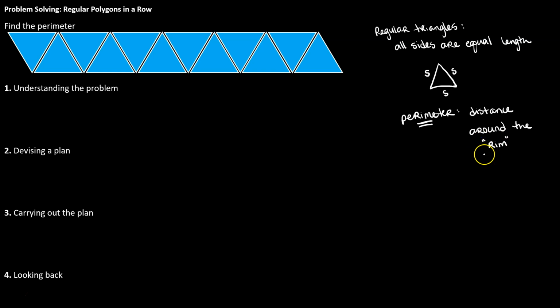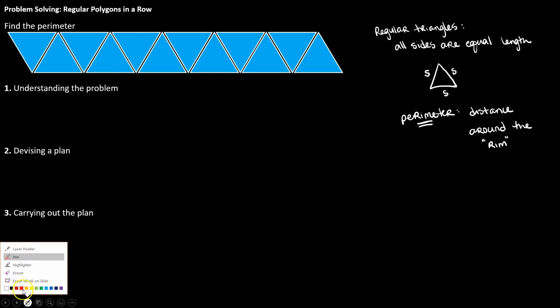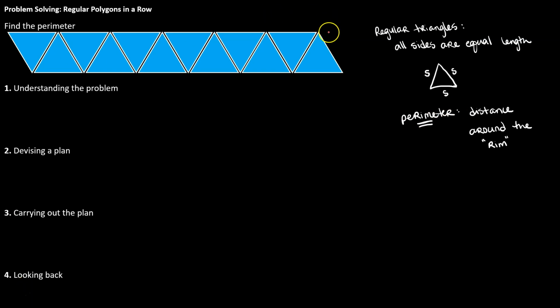So the goal for this problem is to find the distance along this edge, continuing along the bottom edge, up along the right side, and then back around the top. So we want to know what is the distance traveled if we walk around the rim of all of these polygons stacked up together.